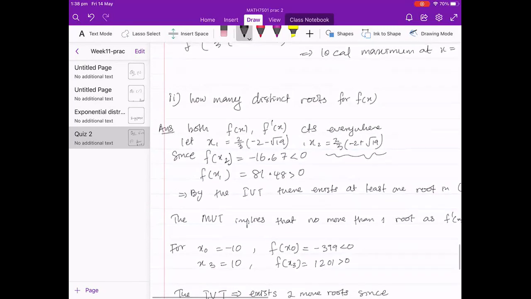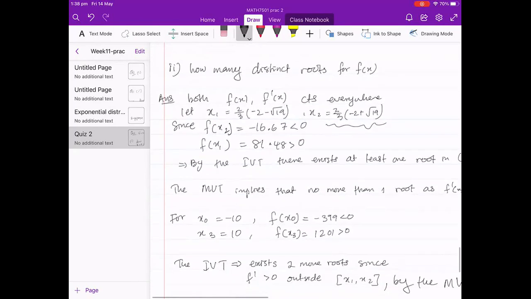Then you could take any other two points, let's say minus 10 and 10, and evaluate f at those two points. Again, I got sign changes. That means by the intermediate value theorem, there exist two more roots.